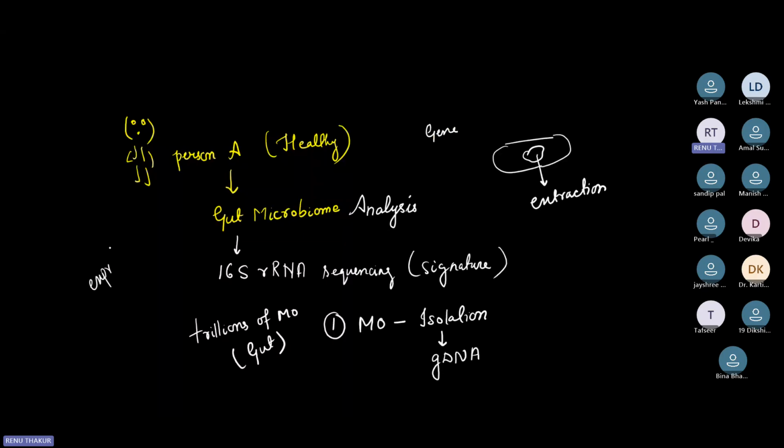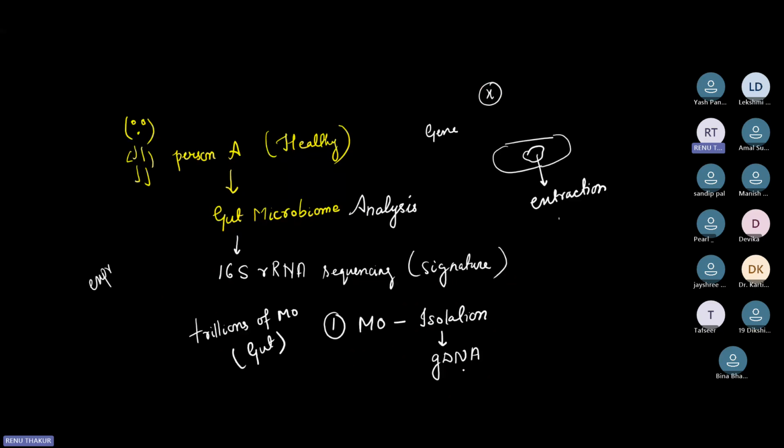Expression means the gene is already present, and we want to know whether it is expressing at a higher rate or a lower rate. Here we are finding whether a particular gene X is present in its genome or not. For that, the foremost and basic first step is extraction of the gDNA. You will do the extraction of the gDNA by removing all the carbohydrates and proteins from the cell, and then you will directly extract the gDNA.